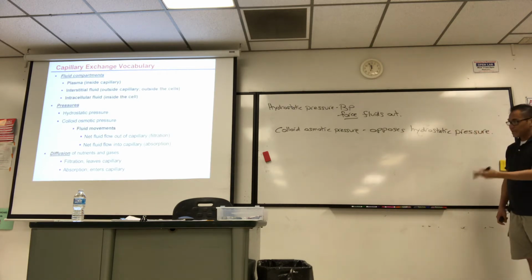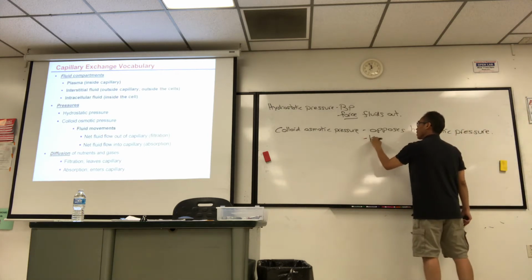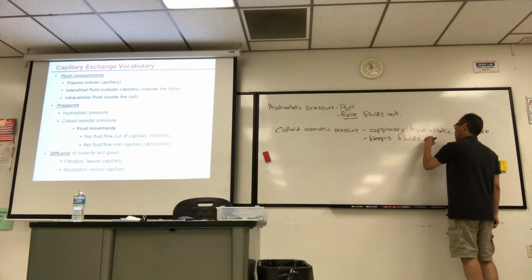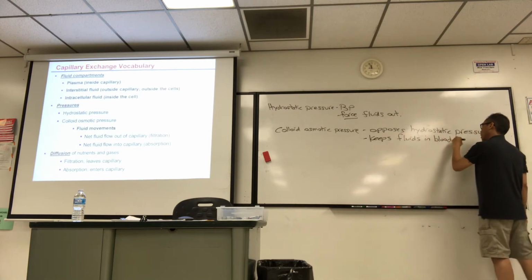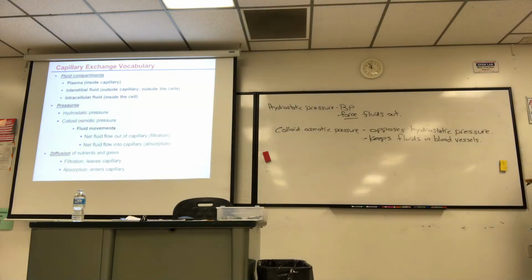It keeps fluids in the blood vessel. I just think of it as there's stuff, quote unquote, in the blood, and that stuff keeps water with the blood. It doesn't allow it to leave, okay?